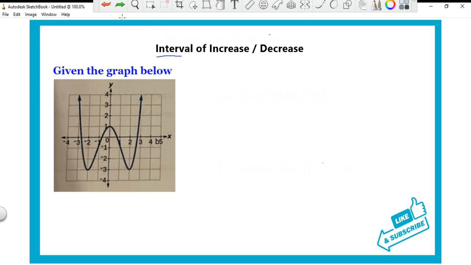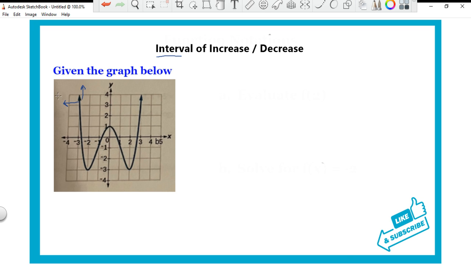Okay, so now that we have clarified that, let's find the areas that are increasing and decreasing. First things first, look at the endpoints. The endpoints have arrows. They're not specific endpoints. So if you have arrows, you need to find the components. This arrow right here is going to the left and going up, right?